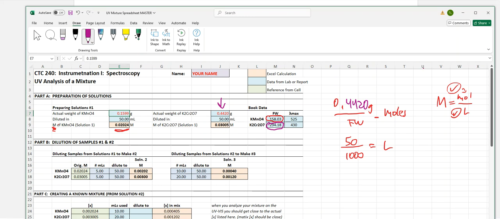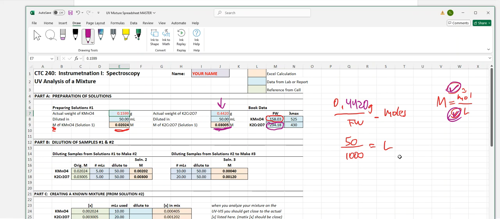And that will give me moles, and then moles will go into the top of the molarity equation. And then it looks like I also dissolved that in 50 mils because that's what the directions told me to do, make 50 mils of the following. So 50 mils divided by 1,000 is liter, and that liter number goes into the equation. So I take the moles, I divide it by liters, just as I did before, and then I get a concentration for the chromium compound that we have prepared.